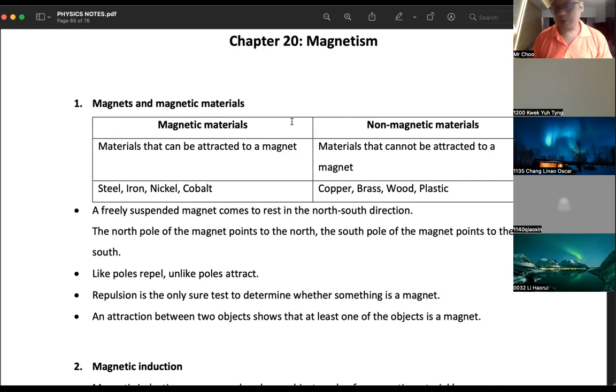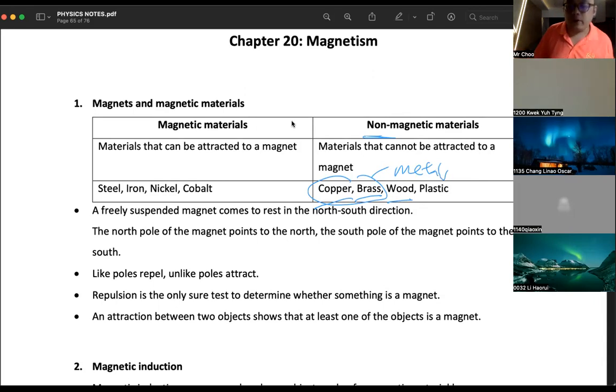That is false. Can you see over here? Copper, brass, they are all metals, but they are non-magnetic. So do not assume. The first common mistake by a lot of people is that you think something is a metal, then it can be magnetic.